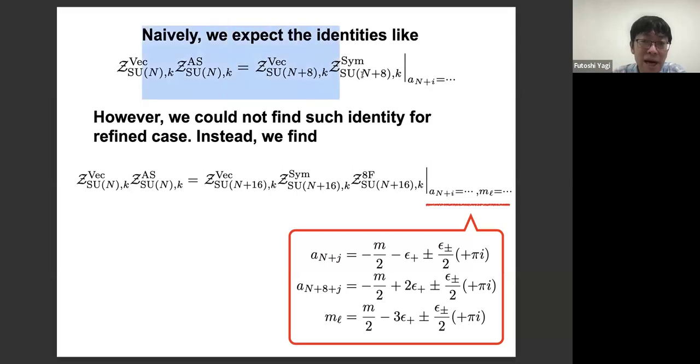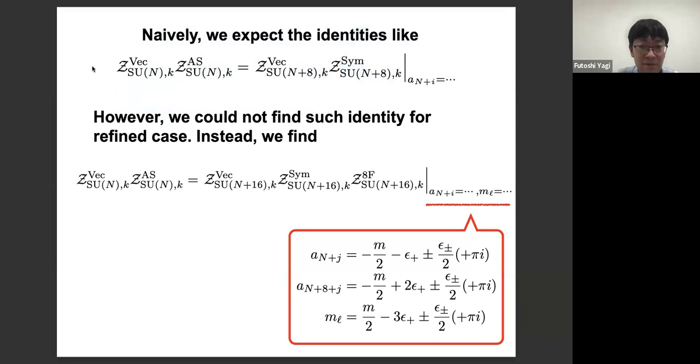I expected this kind of equivalence at the level of integrand, because I believed that SUN plus 1 antisymmetric and SUN plus 1 symmetric are equivalent if we tune the 8 D8 branes. But at the refined Nekrasov partition function, I couldn't find this kind of identity.